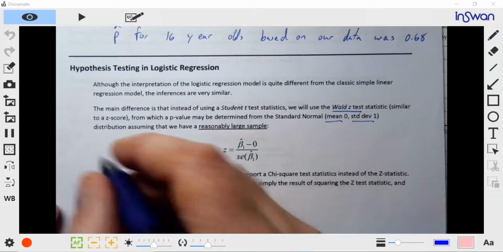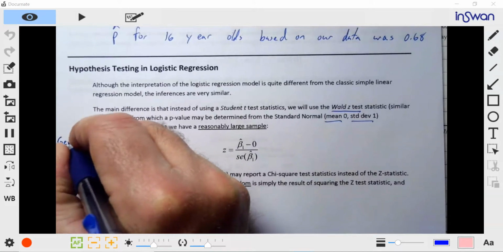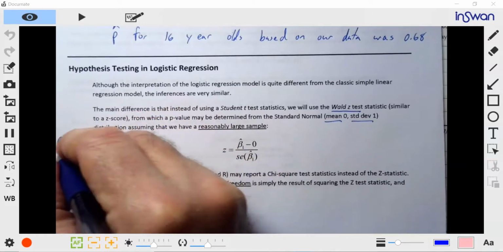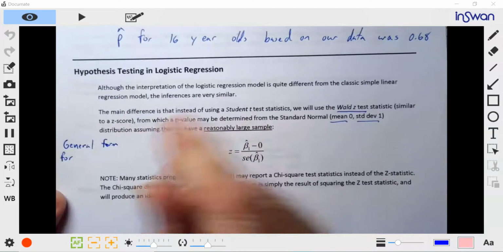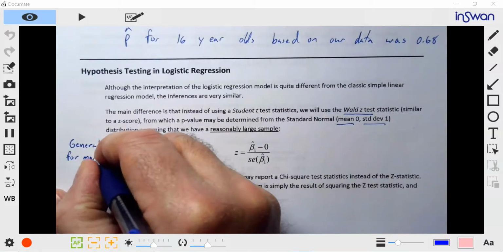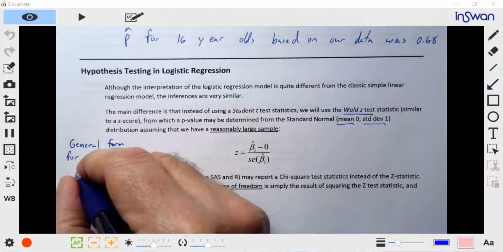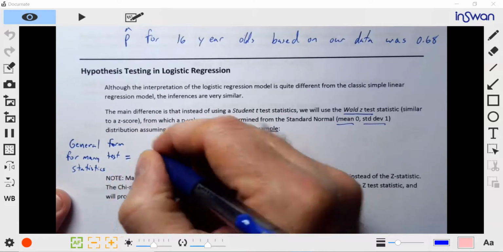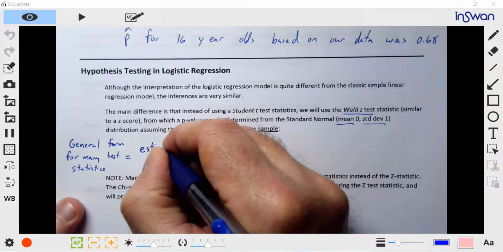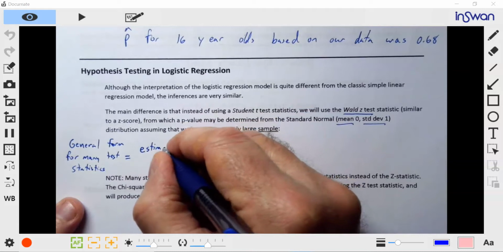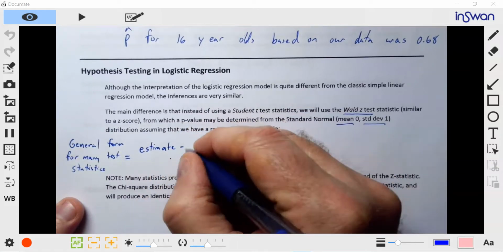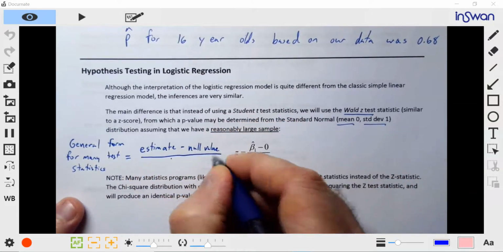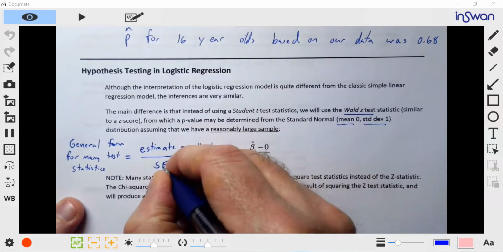So remember that the general form for many test statistics is equal to the estimate minus the null value divided by the standard error of the estimate.